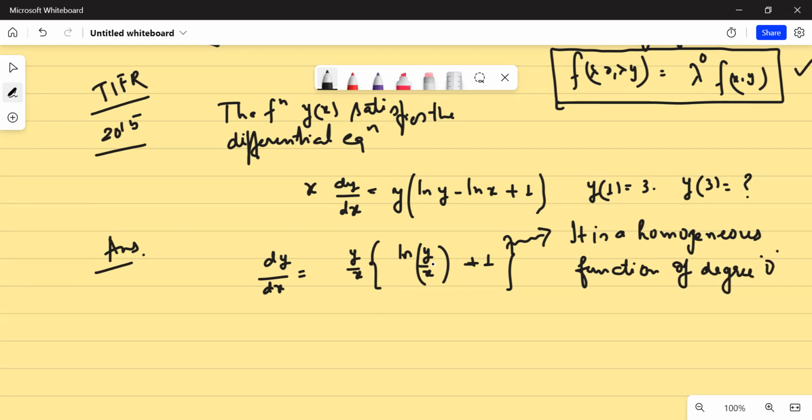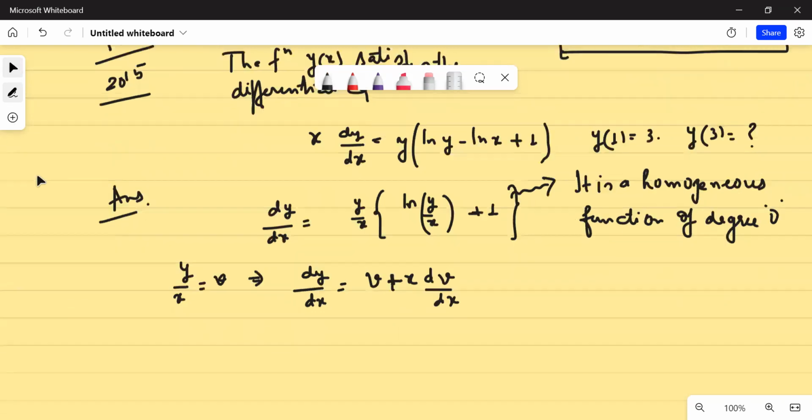That is easy to find: if you replace y by lambda y, and x by lambda x, this would be lambda to the power 0 here. Overall you can find that this is a homogeneous function of degree 0. So what is the way ahead? You just take y by x is equal to v, and you'll get dy by dx is equal to v plus x dv by dx. Is that clear? I hope it is clear.